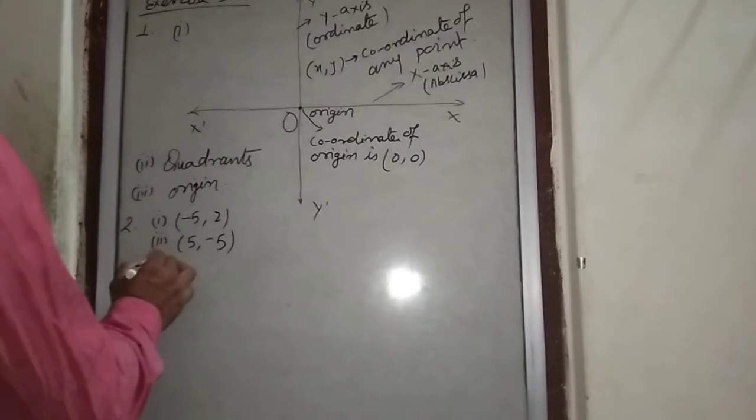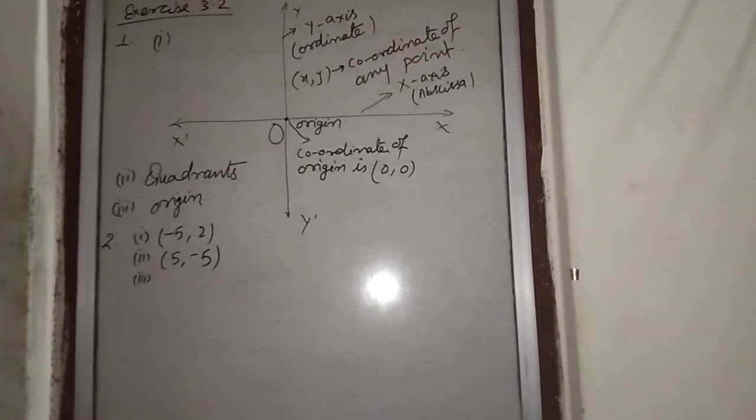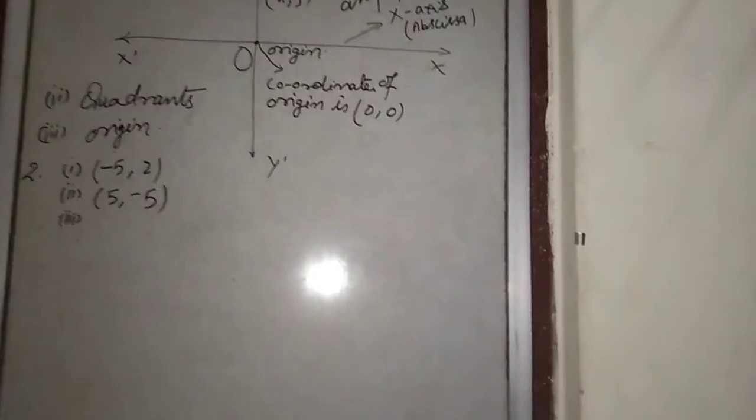Now the third, the point identified by (-3, -5). That means in the x-axis -3 and in the y-axis -5.